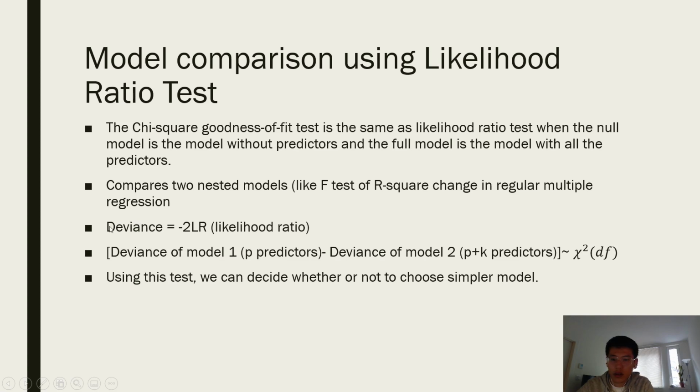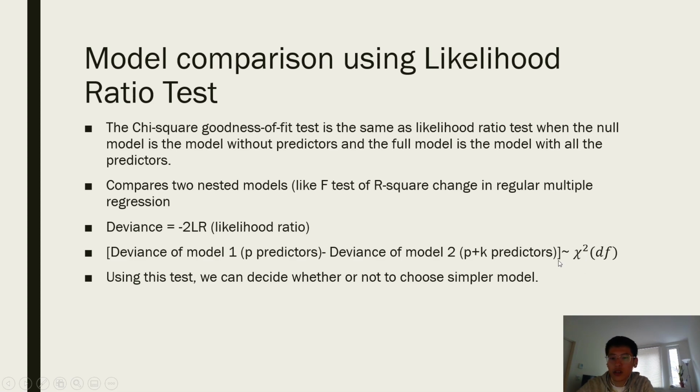So there is a term called deviance. It is calculated as negative 2 times the log likelihood. The deviance of the null model minus the deviance of the second model, which has more predictors, which is the full model, follows a chi-square distribution.